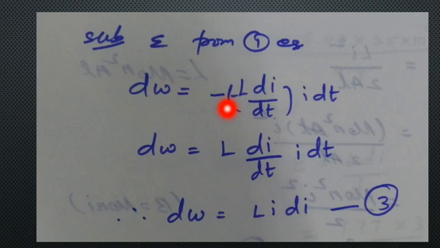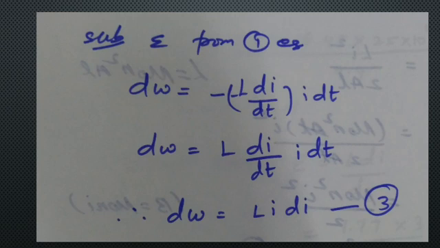Minus into minus is plus, so plus L di by dt into I into dt. What cancels? dt cancels. Therefore dW is equal to L I into di. This is equation number 3.